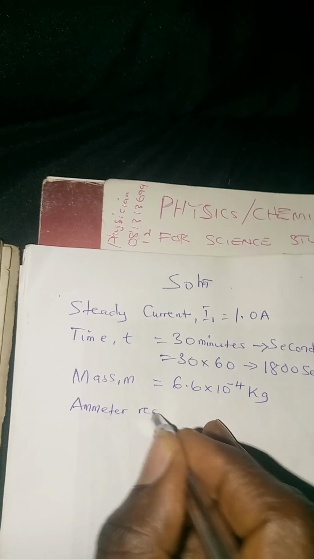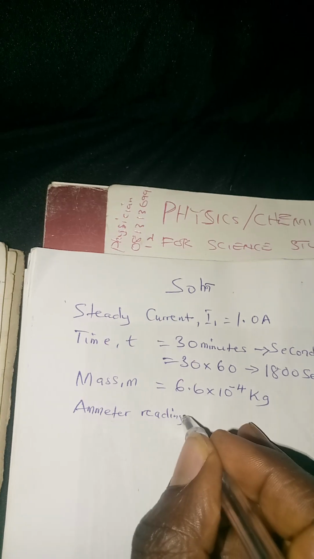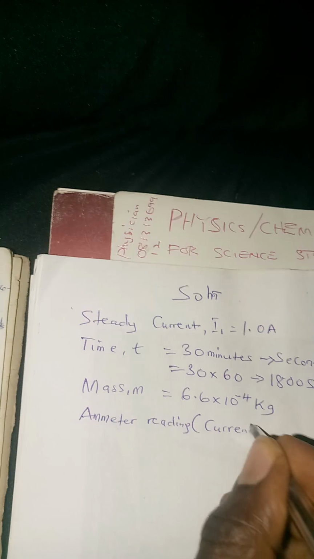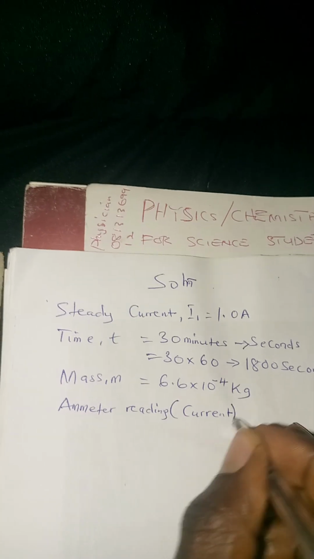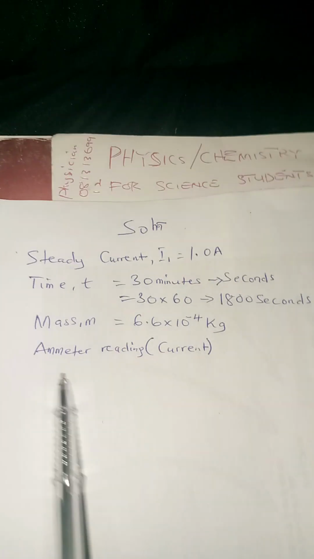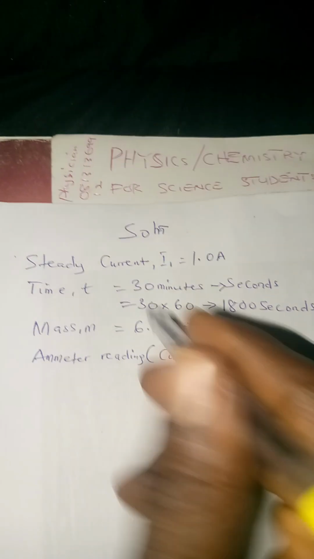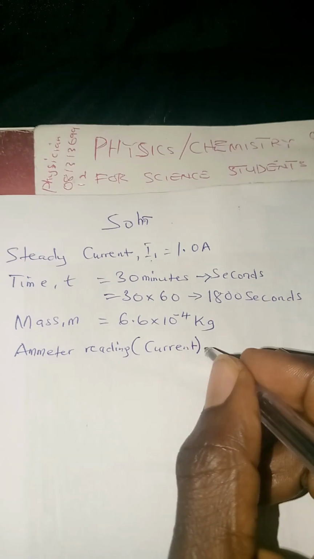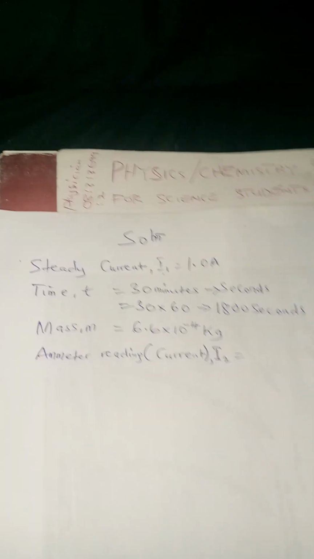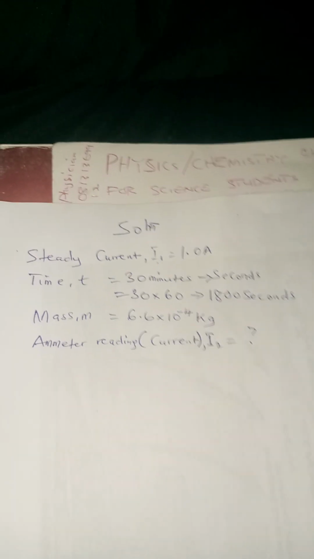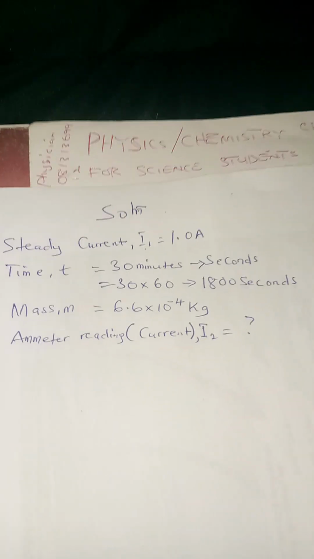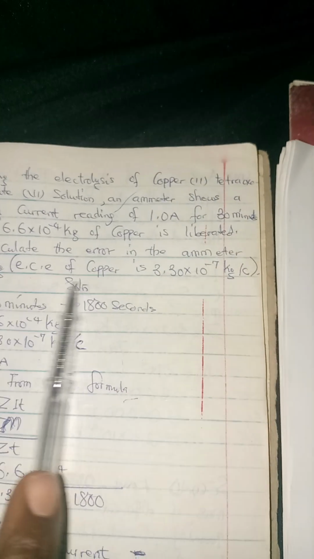Since this one is the steady current, which is current 1, the ammeter reading is still current, so it can be current 2. Understand? It is not given, and that's what you need to find first before you can calculate the error in the two currents.